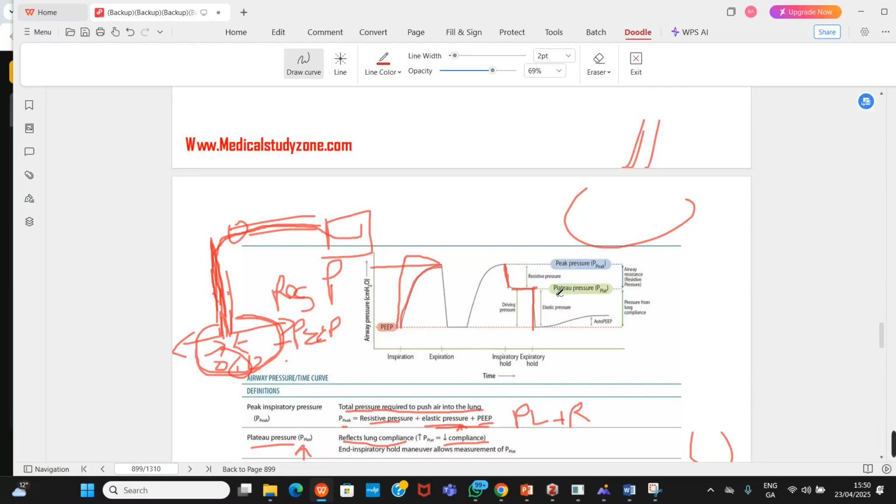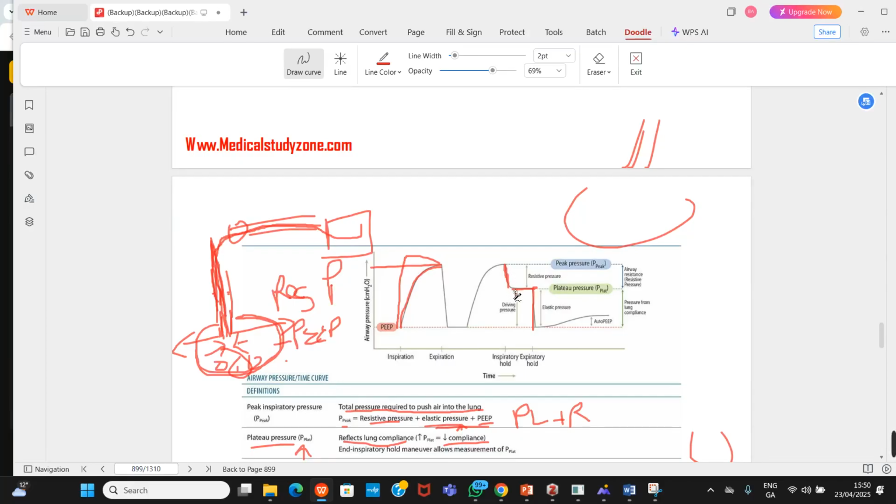The pressure exerting its force in that lung at that point is going to be the plateau pressure.